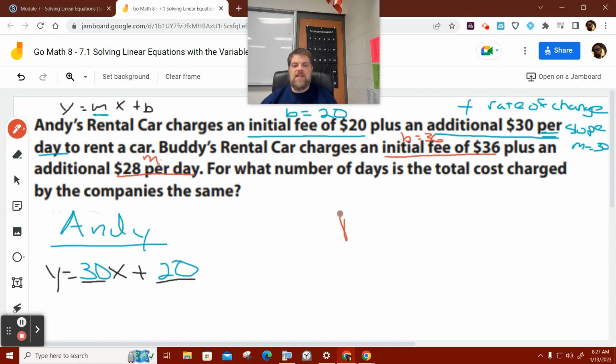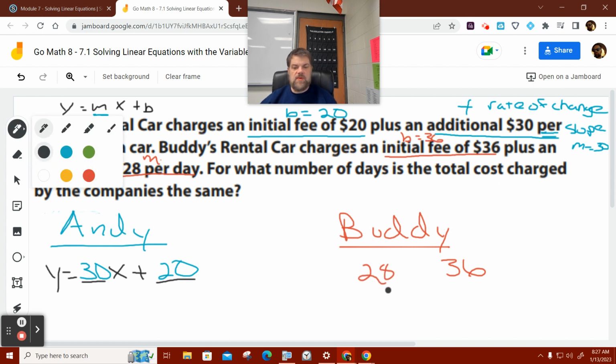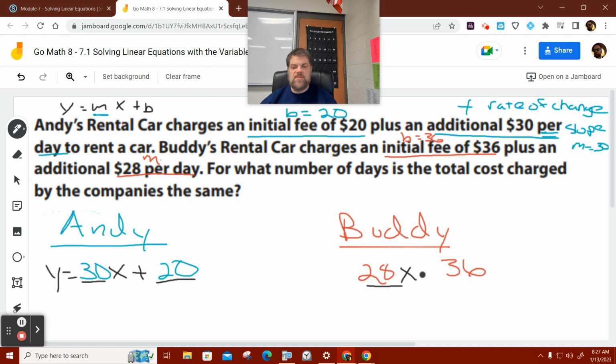So now for Buddy, his equation is going to be 36 for b, and for m it's going to be 28. I'll write it this way on purpose: 28 times x plus 36.